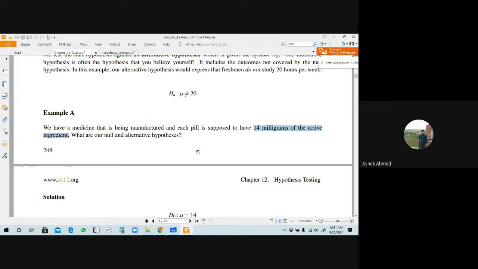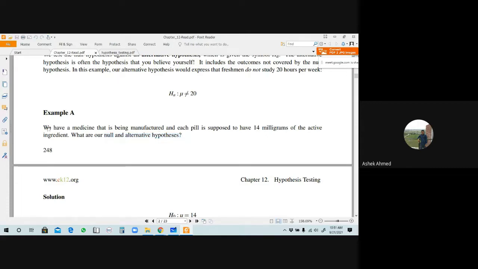A medicine is being manufactured, and each pill is supposed to have, as we assume, 14 milligrams of the active ingredient. From here we have to determine our null and alternative hypothesis.